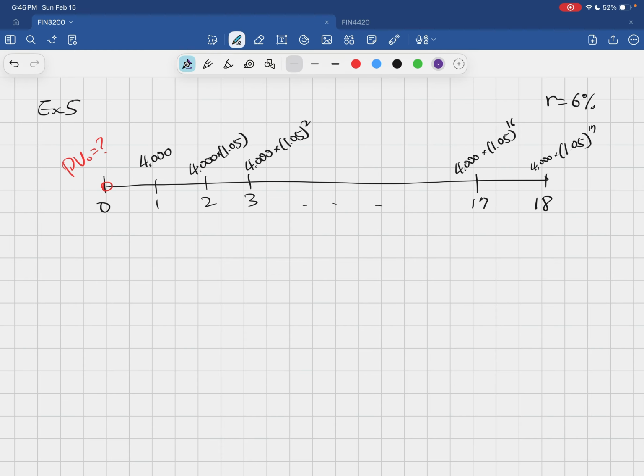So as always, it's important to first recognize what type of cash flow we're working with. Here we have a growing annuity. Again, regularly occurring cash flows. Every single year you have these cash flows, and it goes on for a finite period of time. It ends.